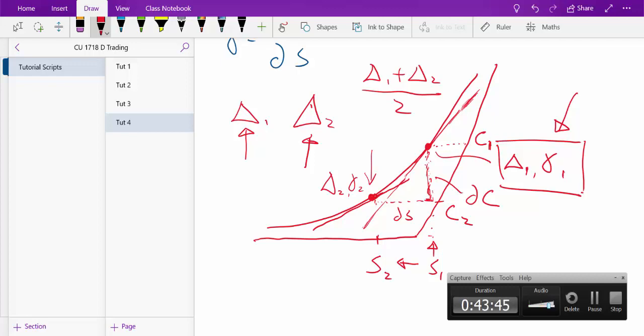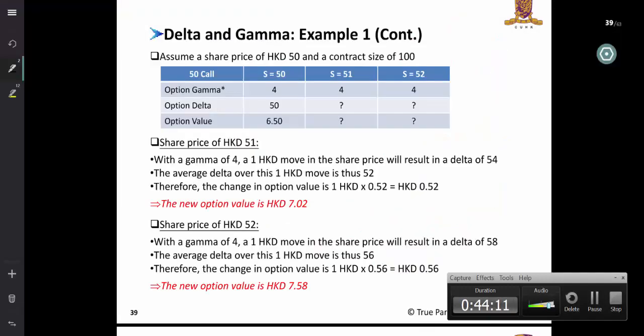And so once you find out the average delta, this item here, you can apply the stock price change to this average delta, and that would give you the option price change. Now, let's look at an example, okay? That's precisely what is happening here.